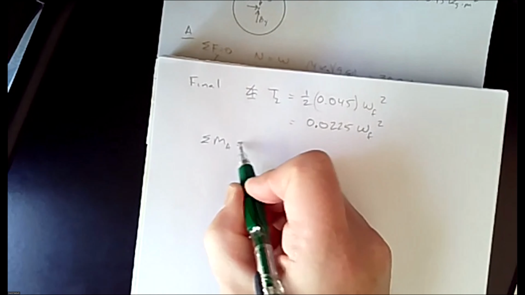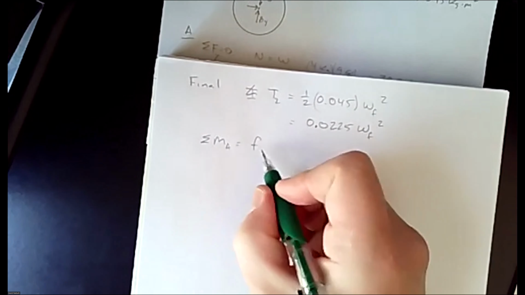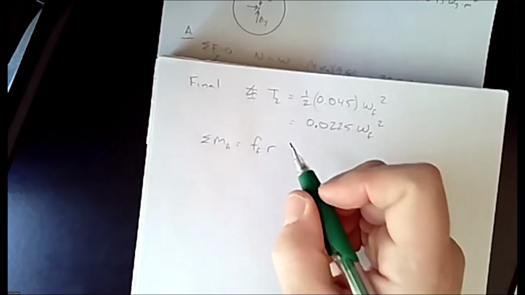So remember that for A, if we take the sum of the moments about the center point in the middle, then we know that's just going to be the friction force times the radius. Okay, now where do I get that? If I think about it, this is my object, right?